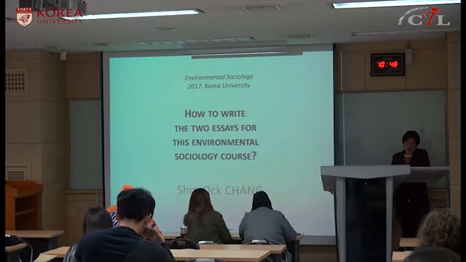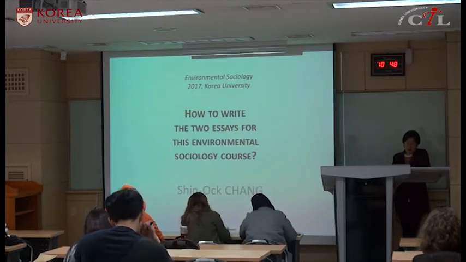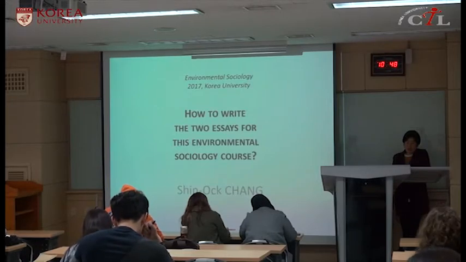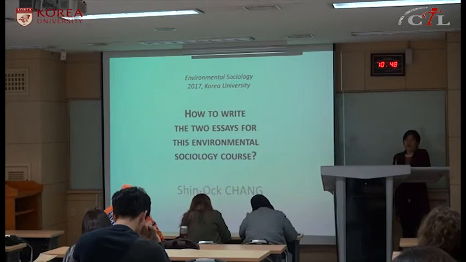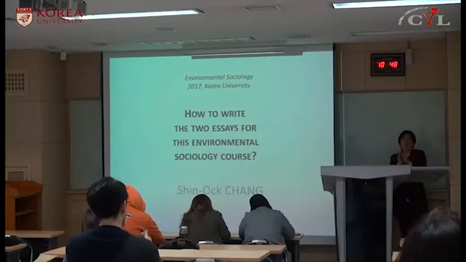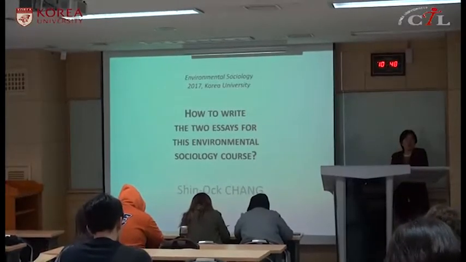Number 4, ecological Marxism is outmoded in explaining environmental issues in a postmodern age in which media plays a key role to create social reality. Which one is the correct answer? Hobin? Number 4. Bravo. Yeah, number 4 is the correct answer, right?